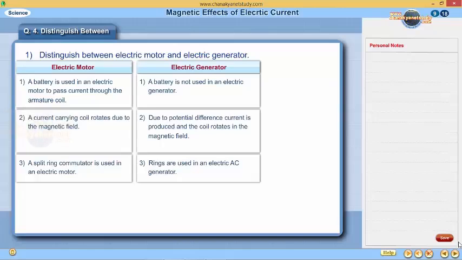In the motor, a current carrying coil is set in rotation due to the magnetic field. Electric generator. In it, a potential difference and therefore a current is produced when the coil is set into rotation in the magnetic field. 3. A split ring commutator is used in an electric motor. Slip rings are used in an electric AC generator.